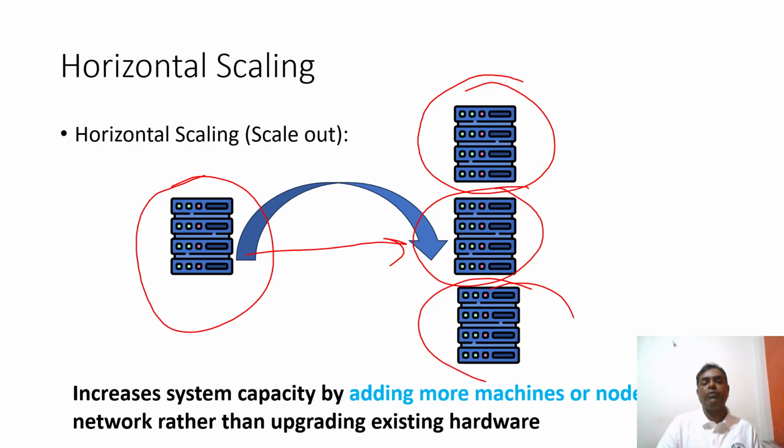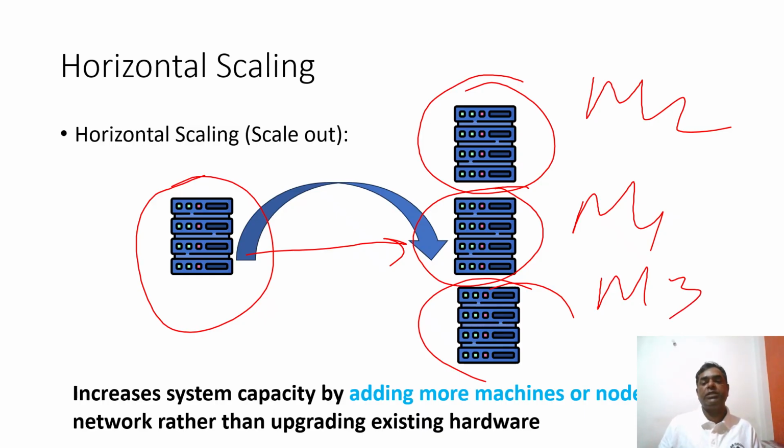That means if I have one machine, this is M1, we are adding these M2 and M3 machines with the M1 machine, and these will work collaboratively and they are interconnected with some network and are used to perform the task. In this case, we are not upgrading the existing hardware. We are just adding more machines, or you can say nodes, by using the network.